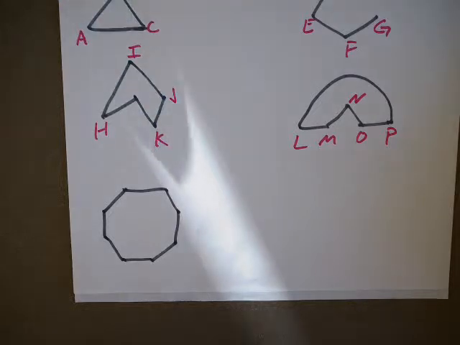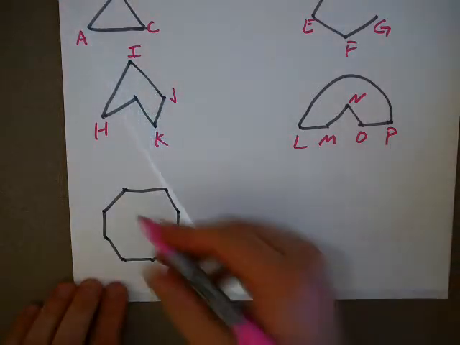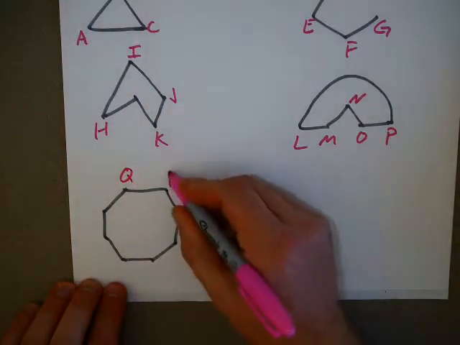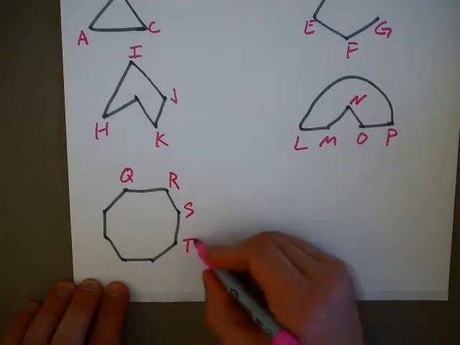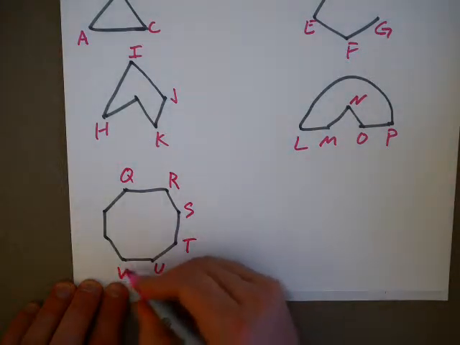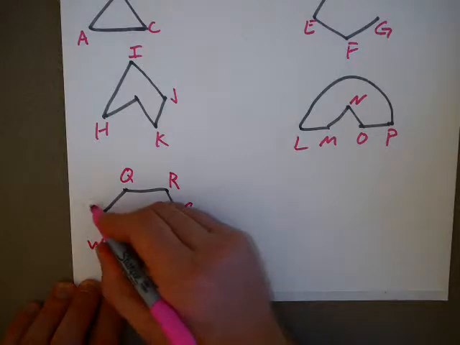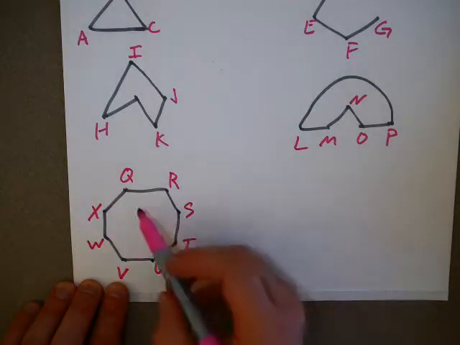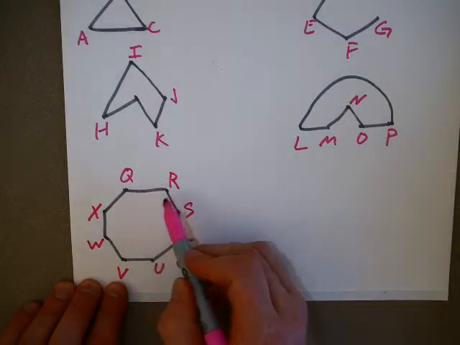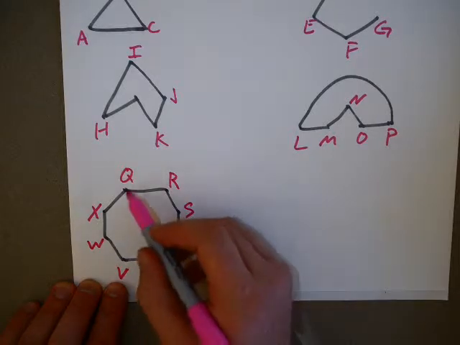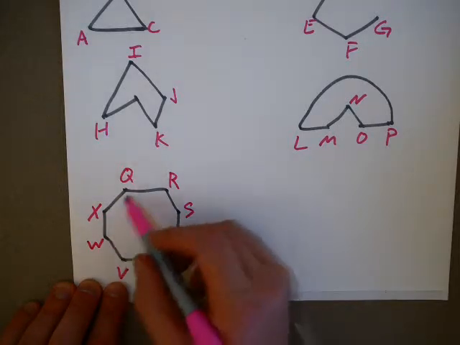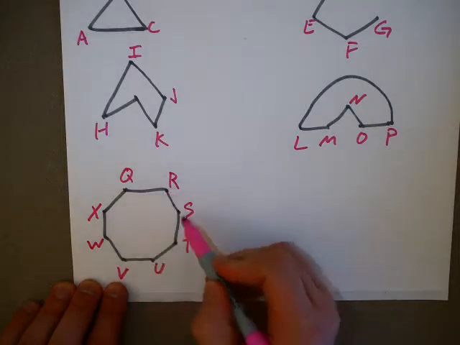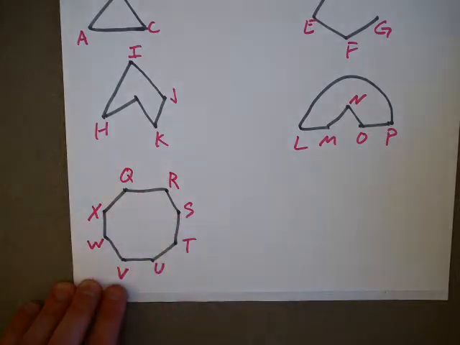So where are we? O P Q R S T U V W X. Notice that segment QR intersects with RS and QX, but only at the vertices. Okay, so each one has two points.